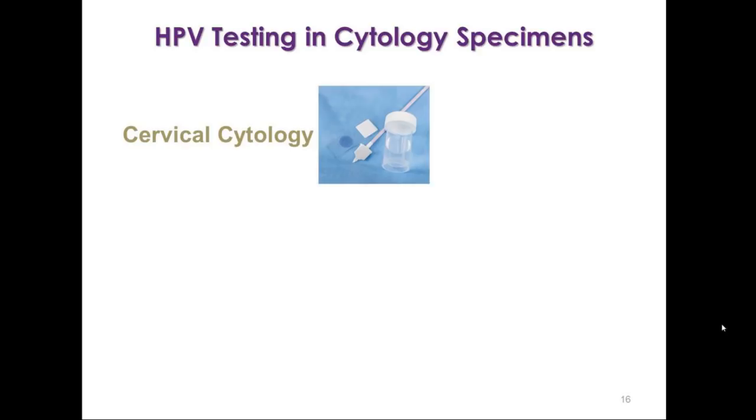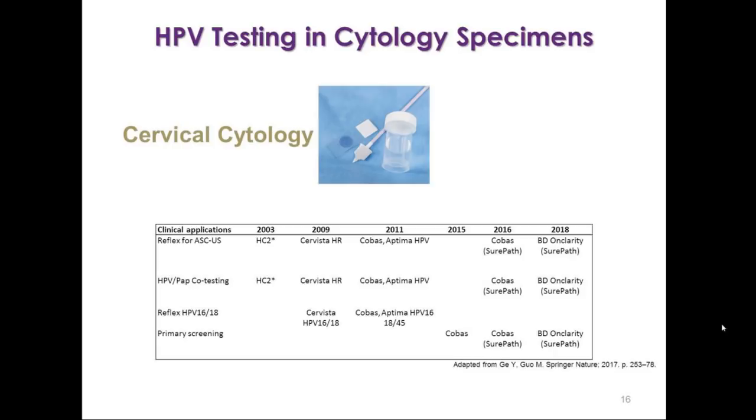The most commonly performed HPV testing is from liquid-based cytology. Most of our cervical cytology has moved to liquid-based preparations, where we collect for the preparation of a ThinPrep or SurePath slide, and then we use the residual fluid from the liquid-based cytology to do the HPV testing.